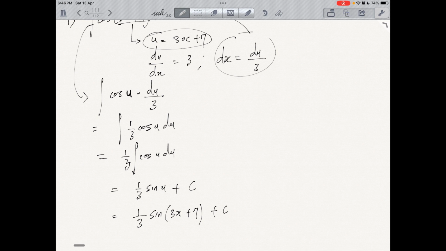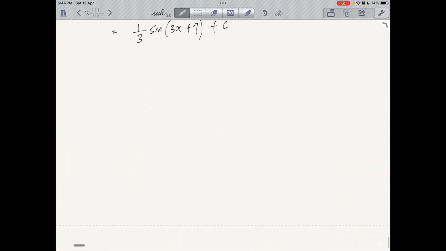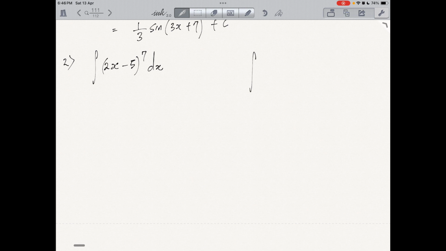Let's try another example. Let's evaluate the integral of (2x - 5) raised to the power 7 dx. Now, we are familiar with (2x - 5) raised to the power 2, where we can just multiply 2x - 5 by itself 2 times.